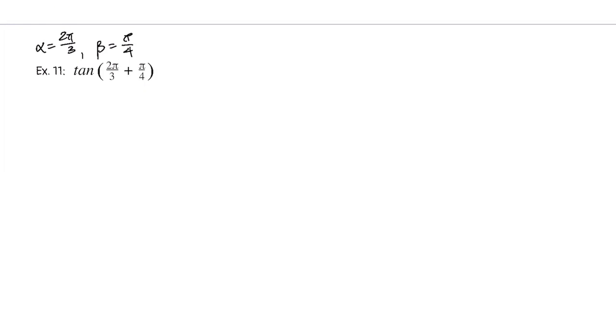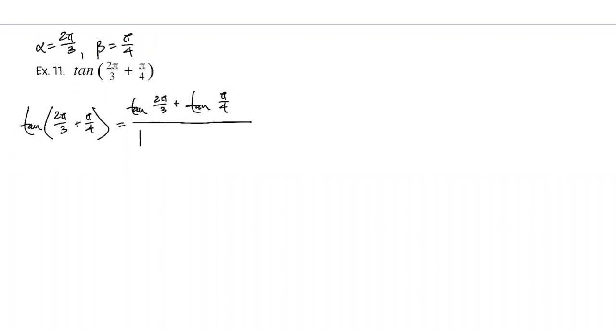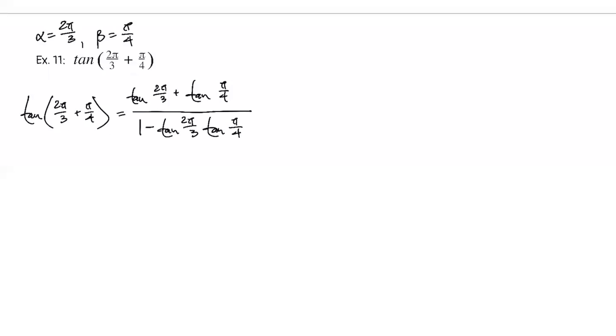So if we use the one from the textbook, then we should see that tangent of 2 pi over 3 plus pi over 4 is equal to tangent of 2 pi over 3 plus tangent of pi over 4 over 1 minus tangent 2 pi over 3 tangent pi over 4. Okay, so that's just plugging it into the first equation. And now we have to be able to find tangent from our unit circle, okay?